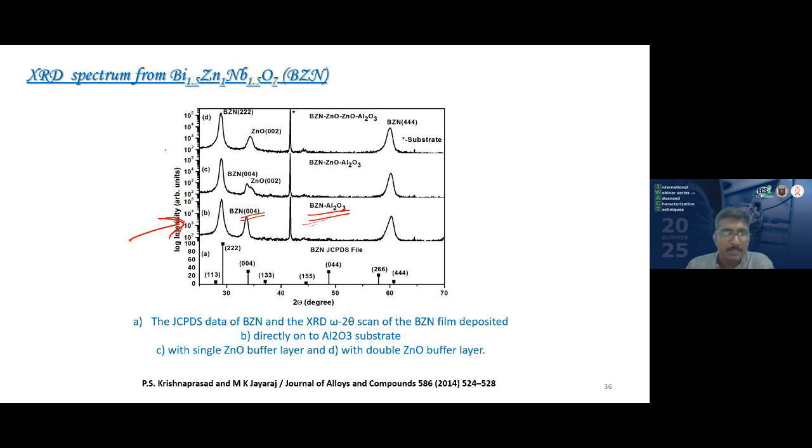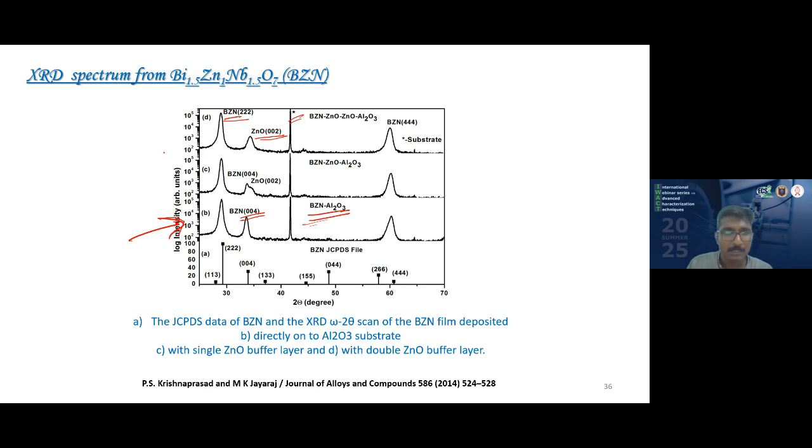Whereas when BZN is deposited with the help of a zinc oxide buffer layer, we could only see reflection from BZN 222, other than that of the zinc oxide buffer layer and the substrate peak.